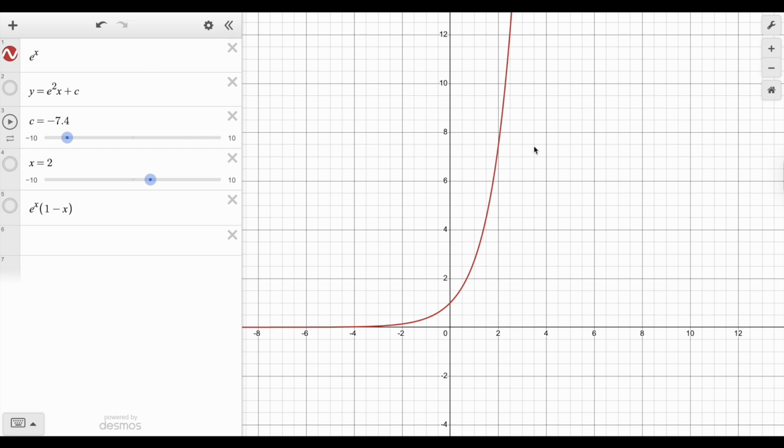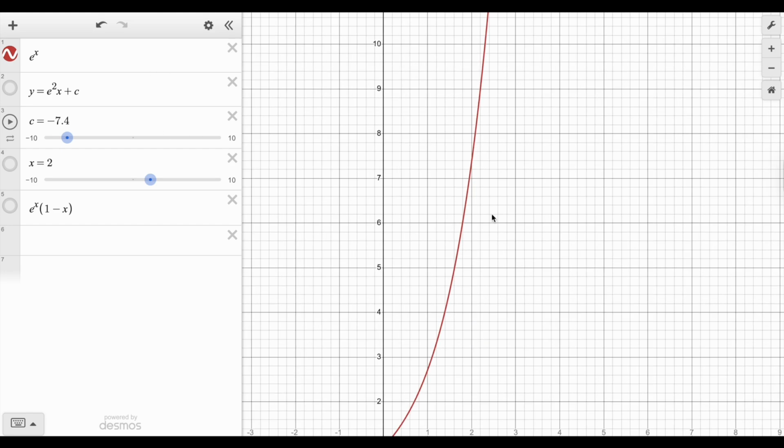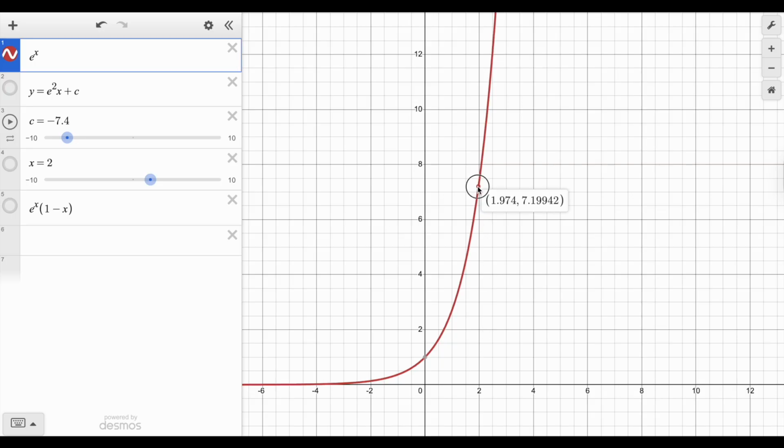Because e to the x equals its own derivative, the value of e to the x at any x is actually the slope of the function at that point. So for example, at x equals 2, e to the x equals about 7.35. Well, that means that its slope here also equals 7.35. So if you draw a tangent, y equals mx plus c, m will just be e squared. It will be the value of that function at x equals 2.